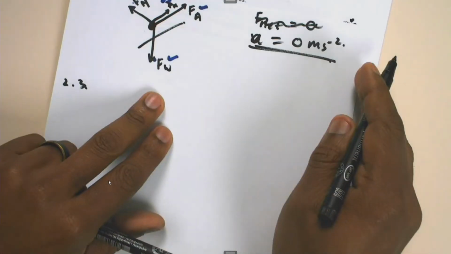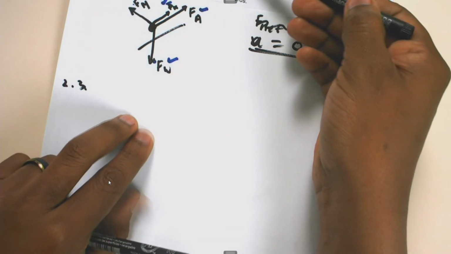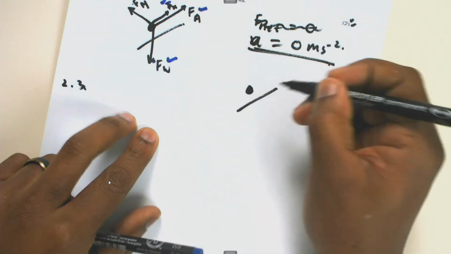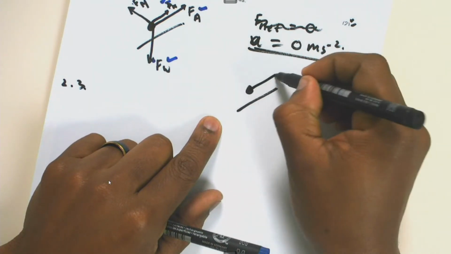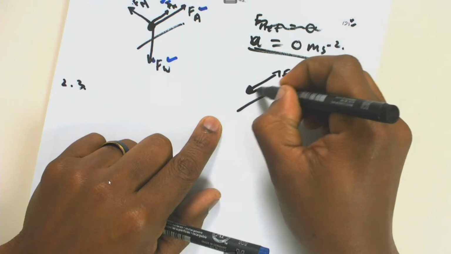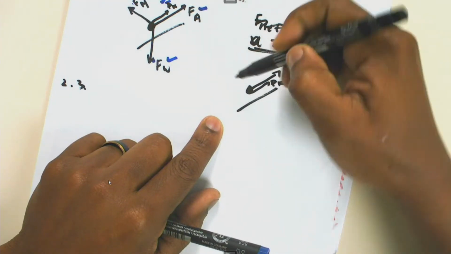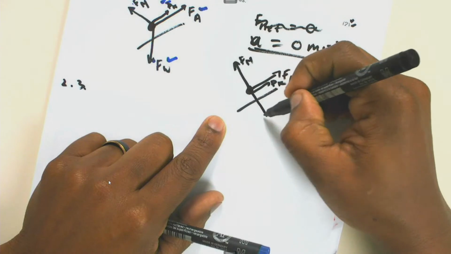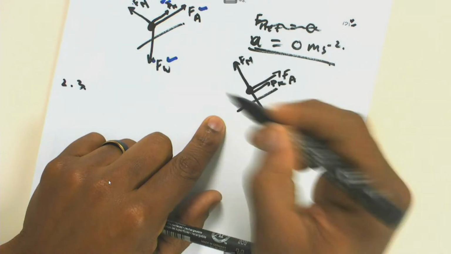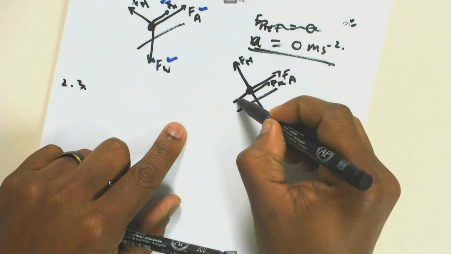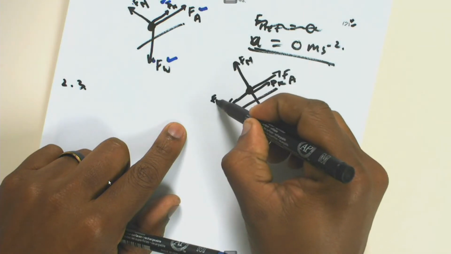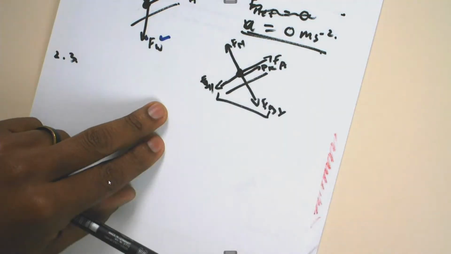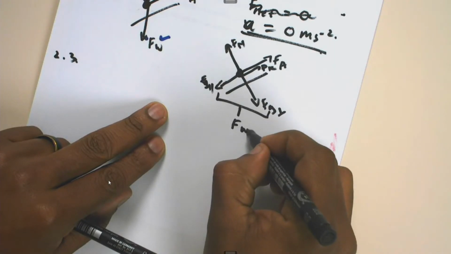The ideal way of doing it is, if you have an inclined plane, kindly resolve your weight into its components. So I am going to have my force applied, my frictional force, as well as my normal, and then I will have my F perpendicular, and then I will have my FG parallel. So in this case, remember, these two here just represent FW.